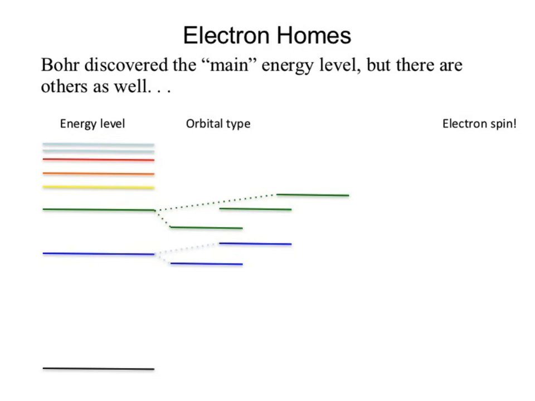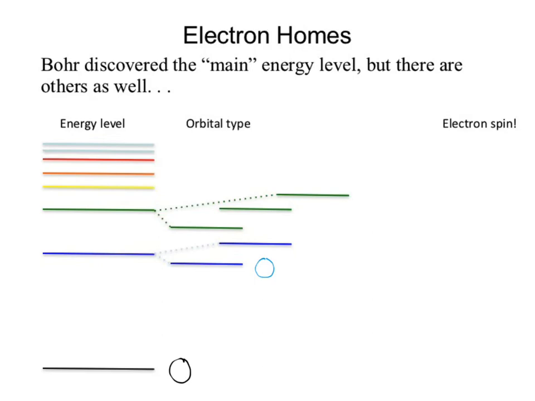So if we start at the first energy level, the orbital type we get looks like a sphere. If I move up to the second energy level, I have to copy the previous, because I want to be able to build on it. So the first version of the second energy is going to look like a sphere.